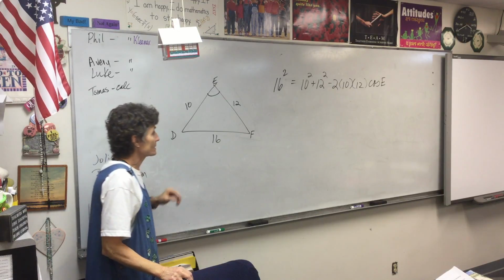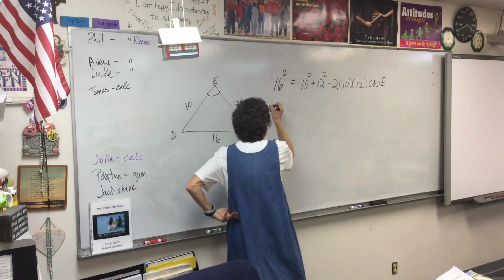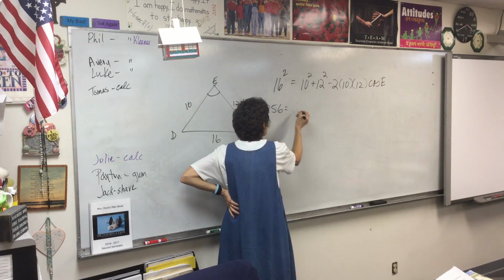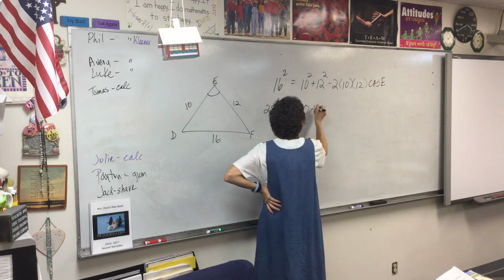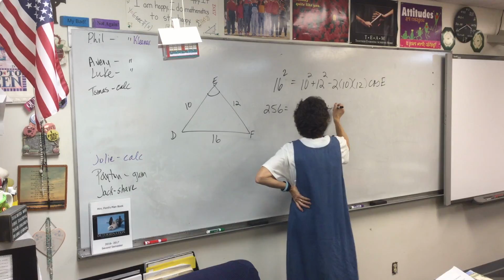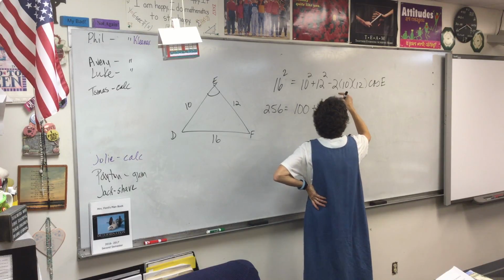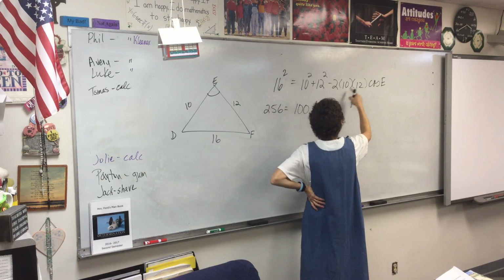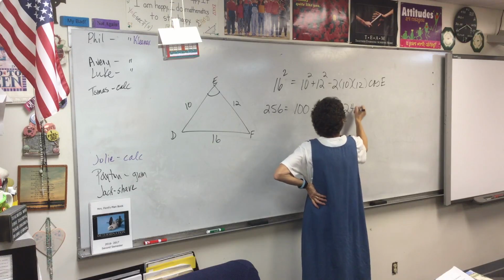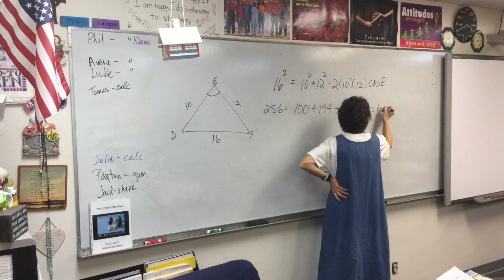This is a hard one to type in, be careful. So I have 16 squared, I have 10 squared, I have 12 squared, minus 2 times 10 times 12, that's 240 cosine E.